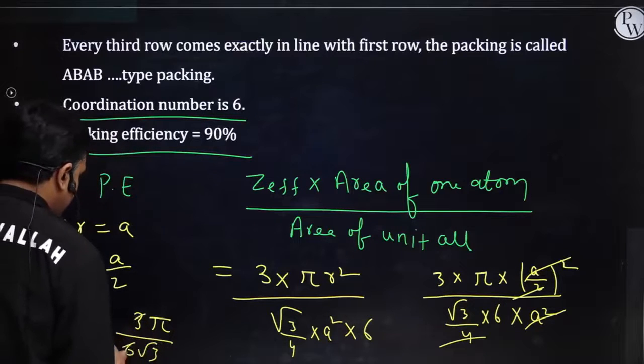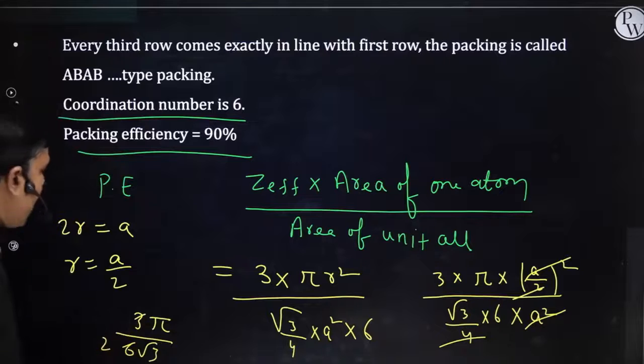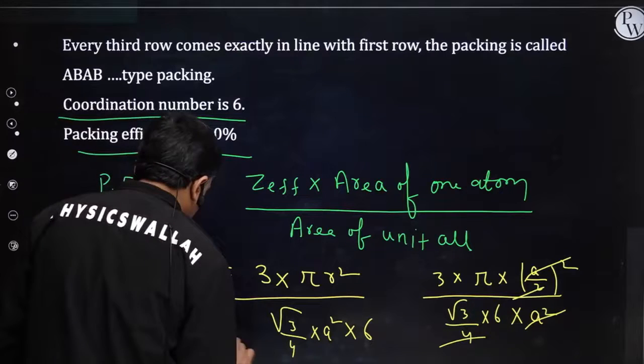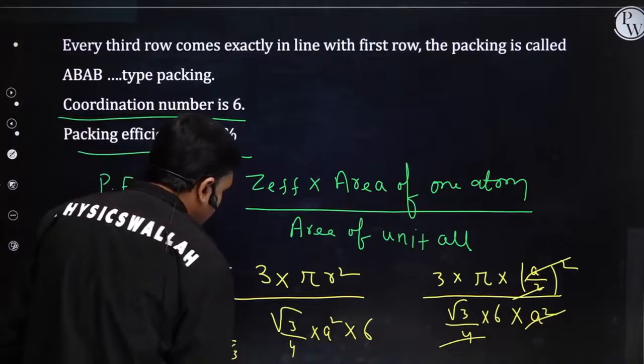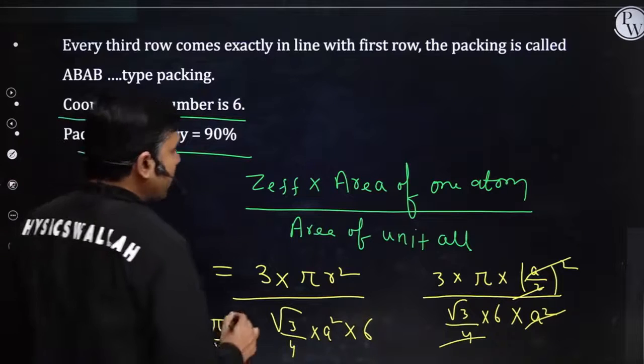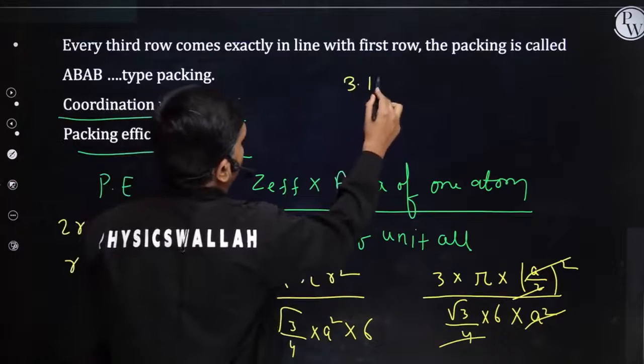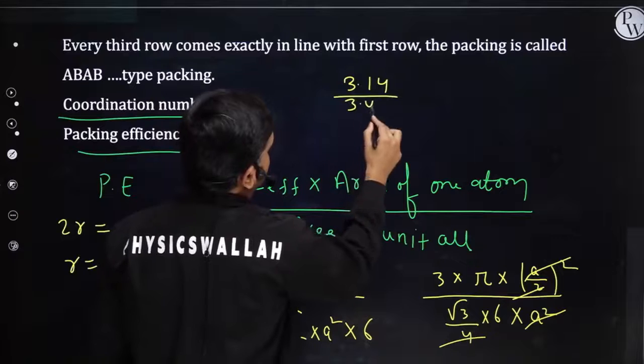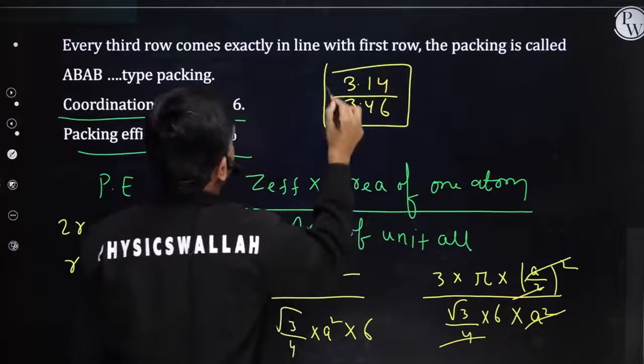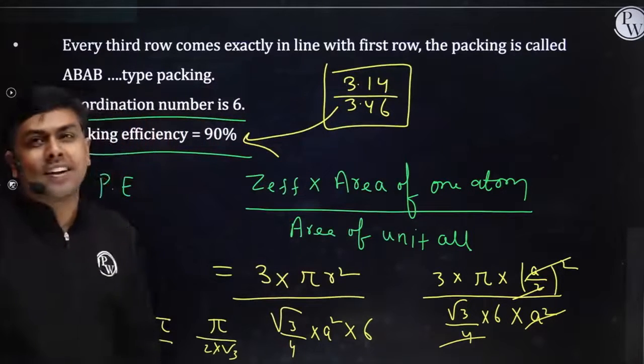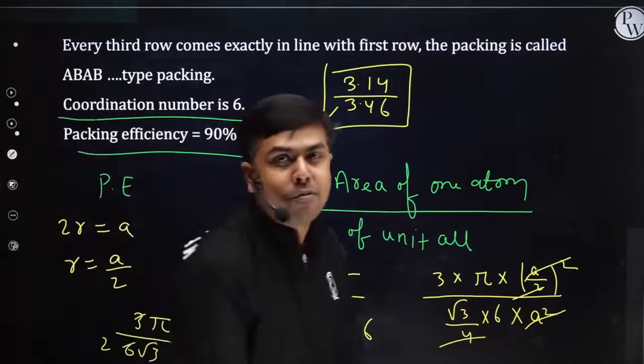And it's nothing but pi upon 2 into root 3. Root 3 is 1.73. So it's 3.14 upon 3.46, right? Close to 90%. 0.9 is the packing fraction.